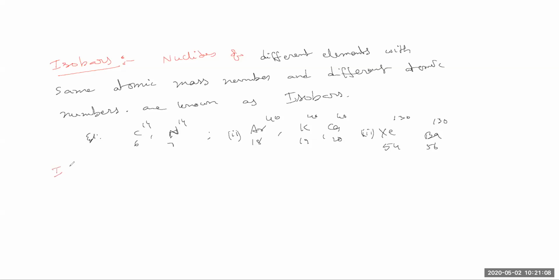Next, third one is isotones. The neutron number is the same, and everything else is different.